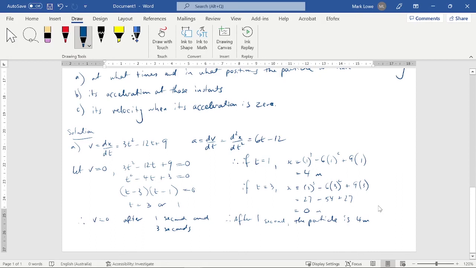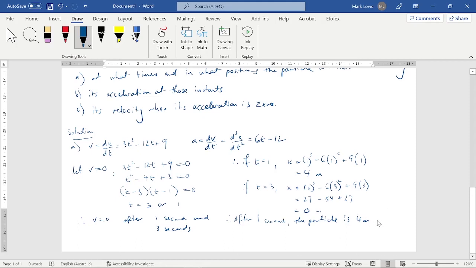So it's good to designate which direction is positive and which direction is negative. We've got a positive position of 4 meters, so it's worthwhile saying its position is 4 meters to the right of the origin. Unless it's maybe a bouncing object, where positive might be up and negative down. You understand what I'm saying? Because it's just moving in a straight line, we can assume horizontal movement, going left and right.